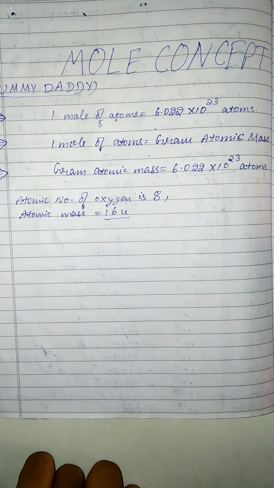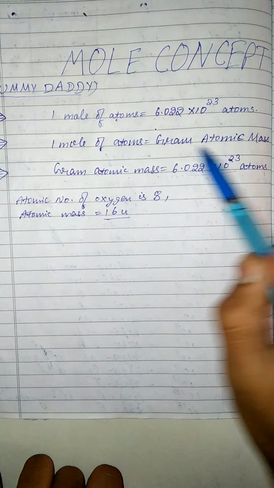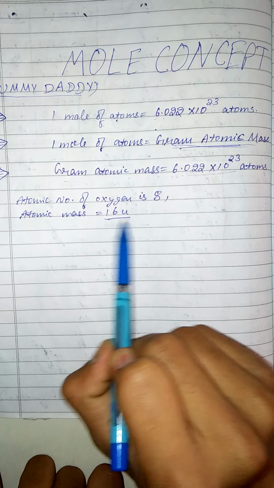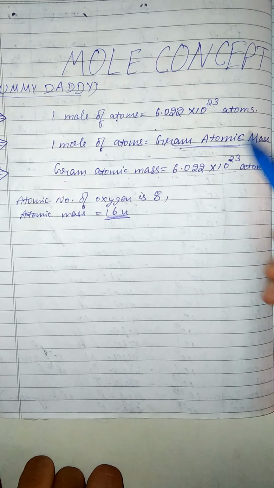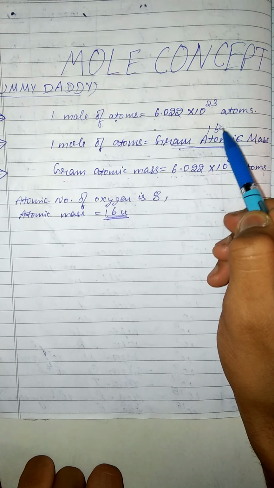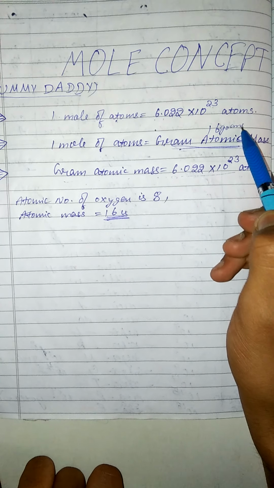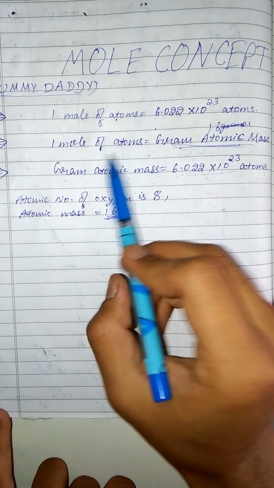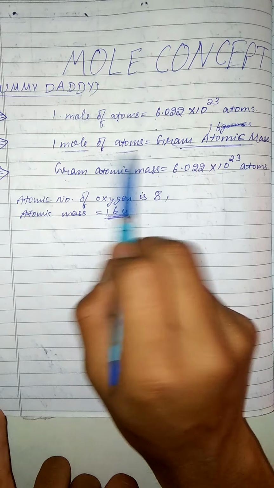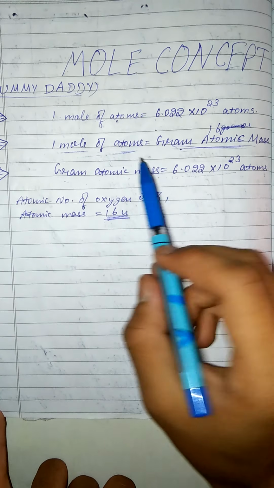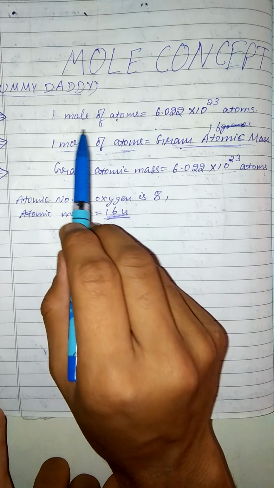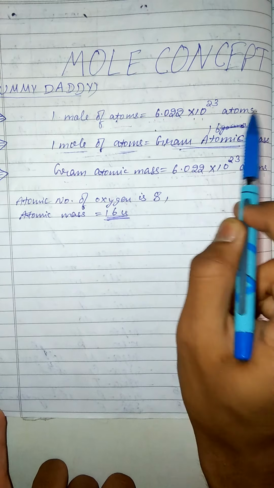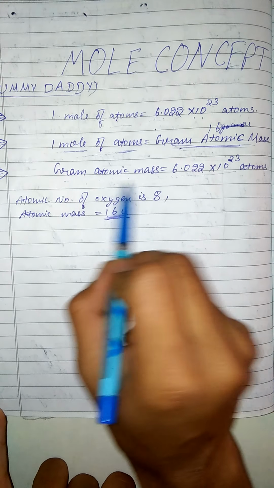And for finding another relation, we can say that the gram atomic mass of oxygen, 16 grams, will consist of 1 mole of atoms, and at the same time that 1 mole of atoms would consist of 6.022 × 10^23 atoms, which we have already studied in this relation.